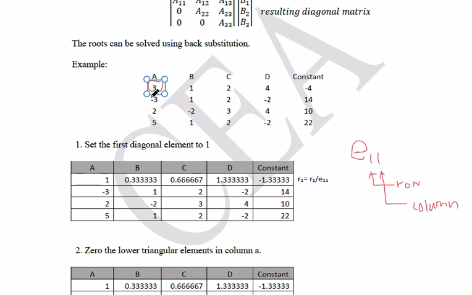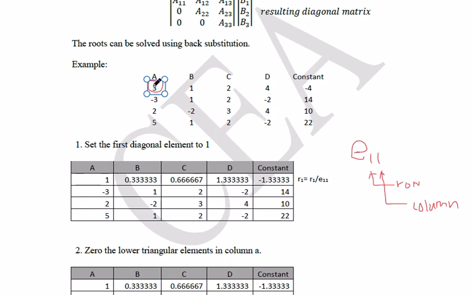So in order to make this element 3 into 1, we divide it by itself. We apply it to all the elements in the row in order not to alter the value of the equation.